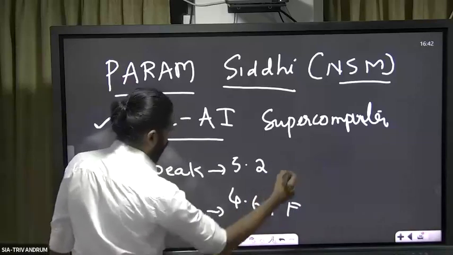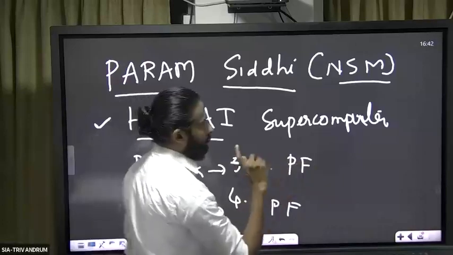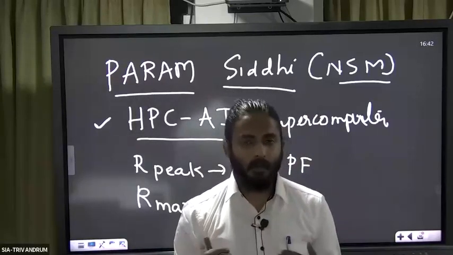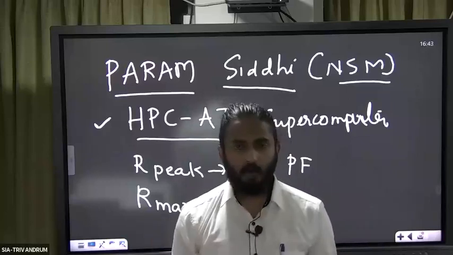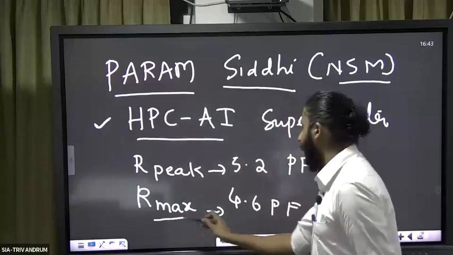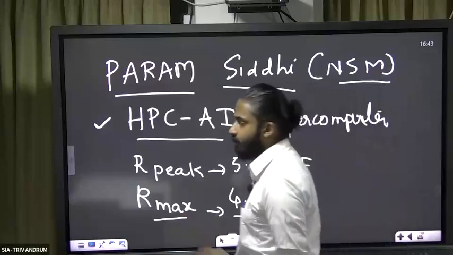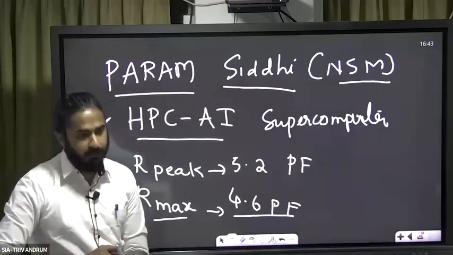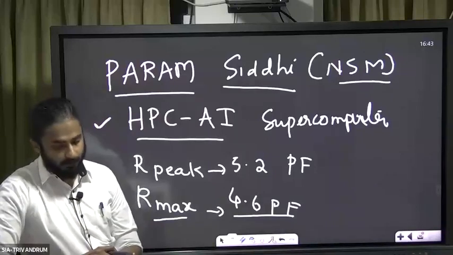What is the difference? R peak is the theoretical maximum speed we could achieve with this supercomputer, but we have not achieved it. We have achieved only R max, which is 4.6 petaflops, the practically achievable speed.